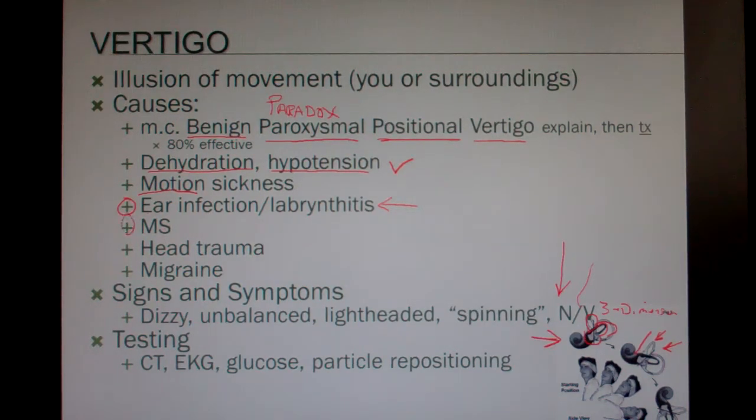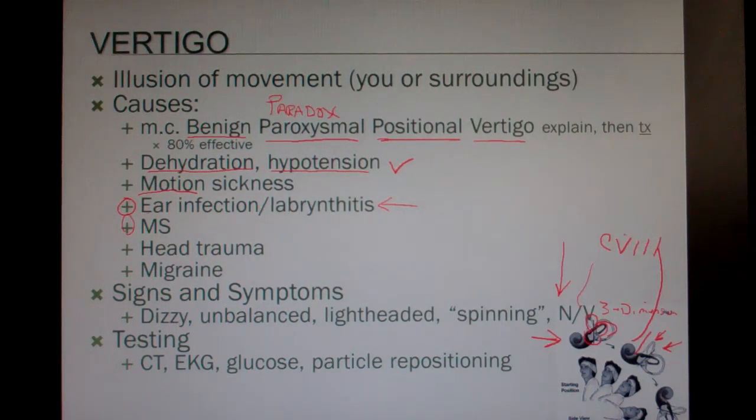Okay, MS is multiple sclerosis. Multiple sclerosis is a nerve problem, but that could also lead to vertigo, because your nerves, of course, come down and innervate the inner ear, and say for example your cranial nerve 8.